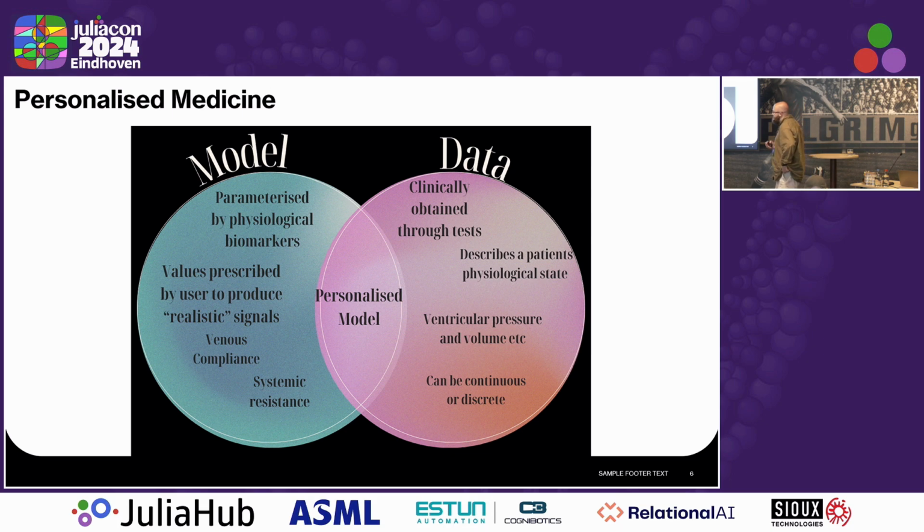It gives you these indicators of pathophysiology: venous compliance, systemic resistance, pulmonary resistance. But then also the data. It's what can you obtain clinically? What describes that patient's physiological state? And the combination of both of these eventually produces this personalised medicine.